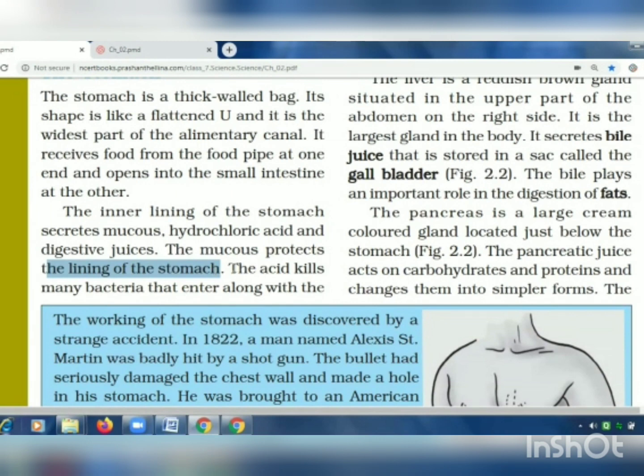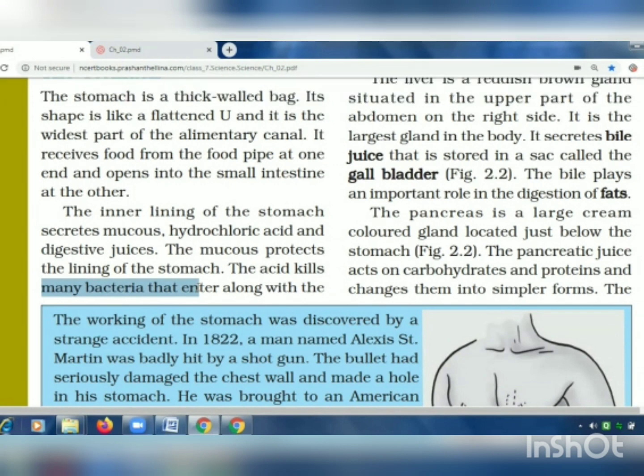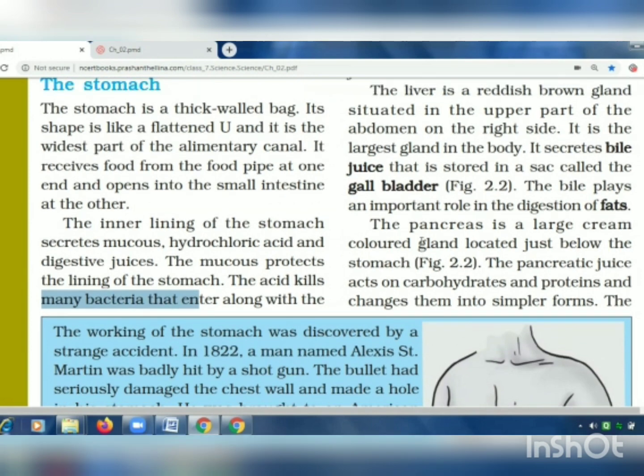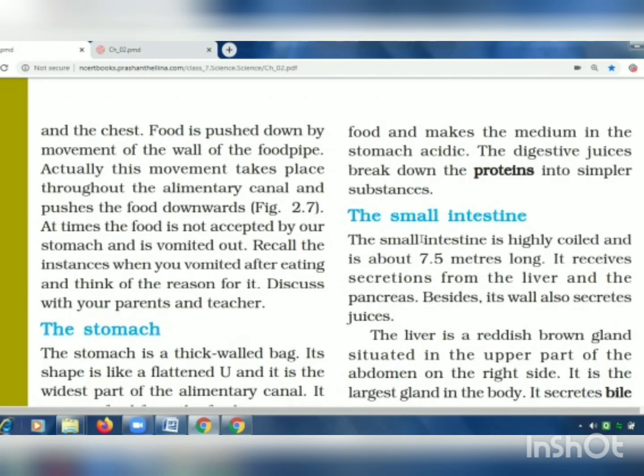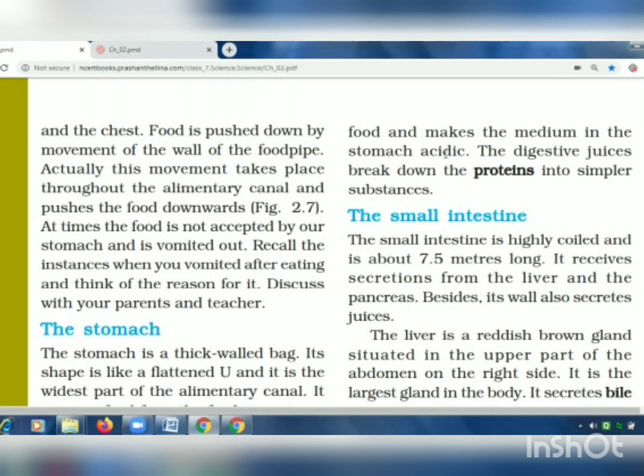Then the hydrochloric acid that is produced, what does it do? It kills many bacteria that enter. When we eat food, there are some bacteria present on it. So it kills those bacteria which are present in the food and makes the medium in the stomach acidic.